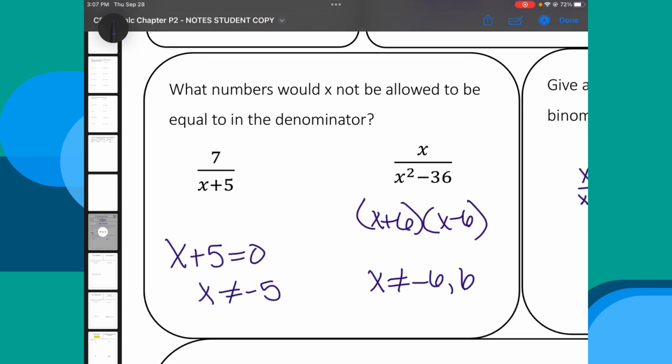So here, what are some numbers that would not be allowed in the denominator? If I just have a linear equation, I can just set that equation equal to 0 and solve, and then that number would not be allowed. Because if I plugged it back in, -5 plus 5, I would get 0.